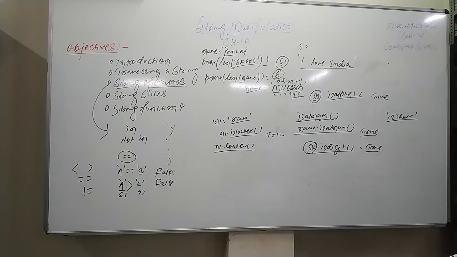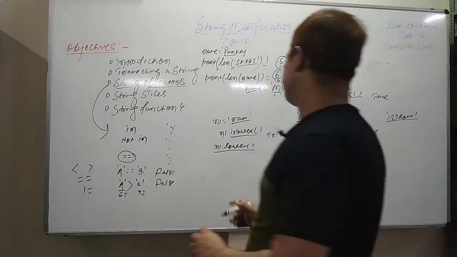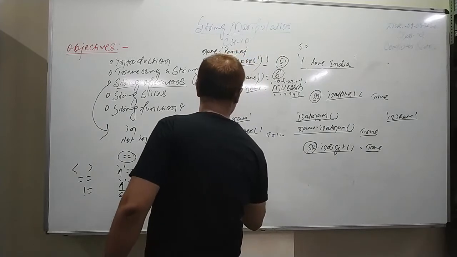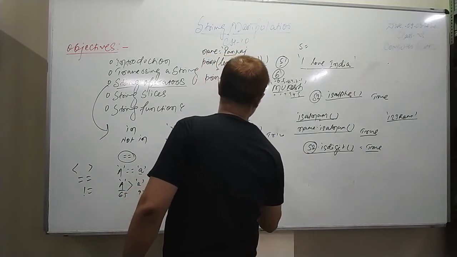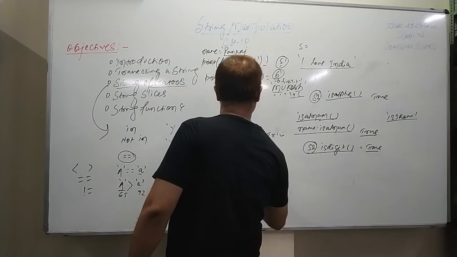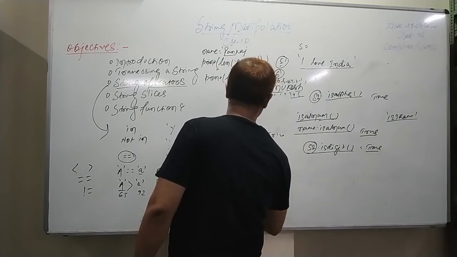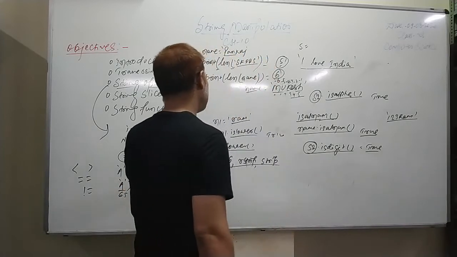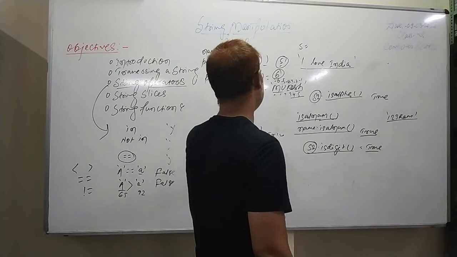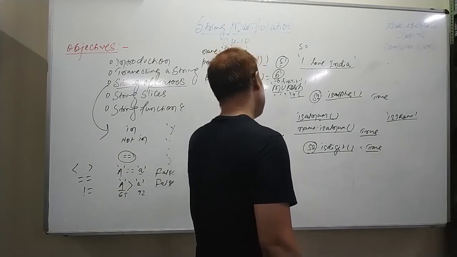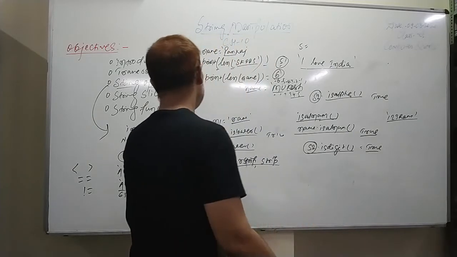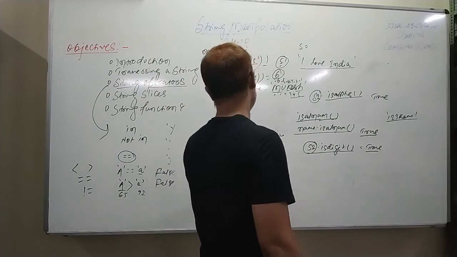Now there are three methods: lstrip, rstrip, and strip. These are methods to cut something from the left side, from the right side, or from both sides. The strip method strips from both, lstrip from the left side and rstrip from the right side.